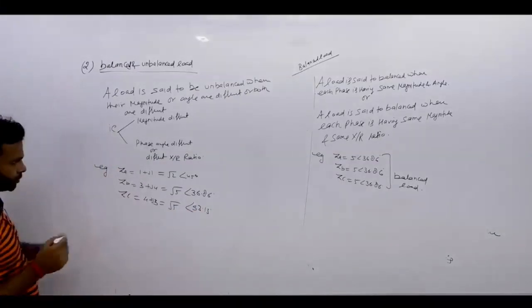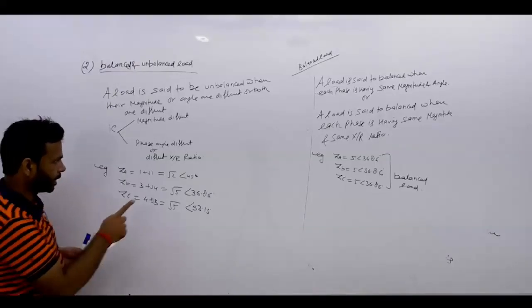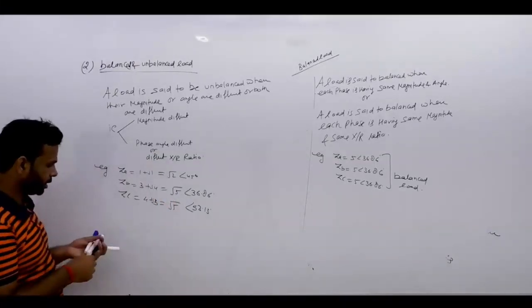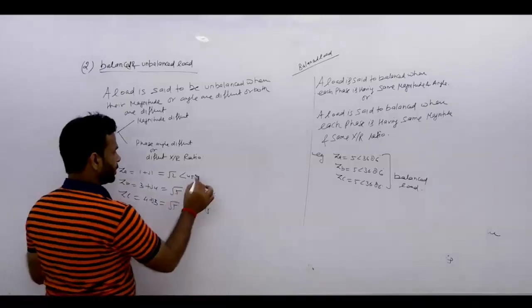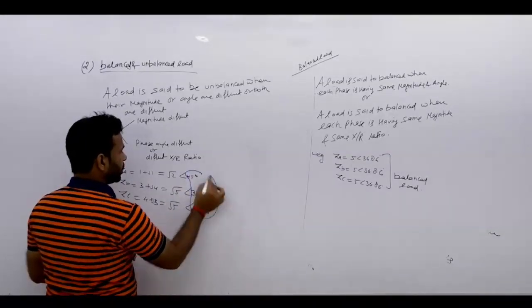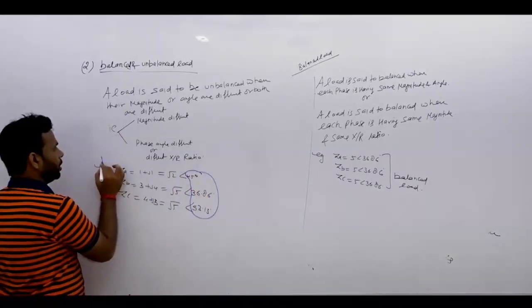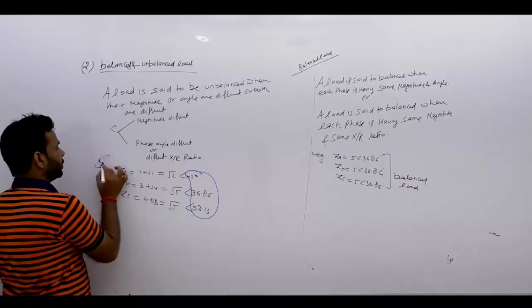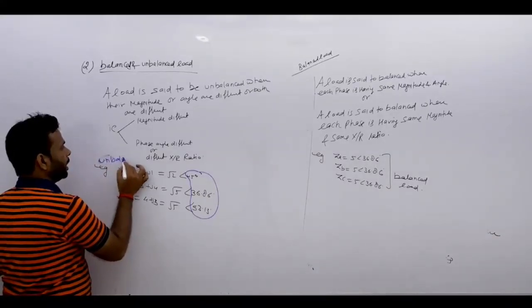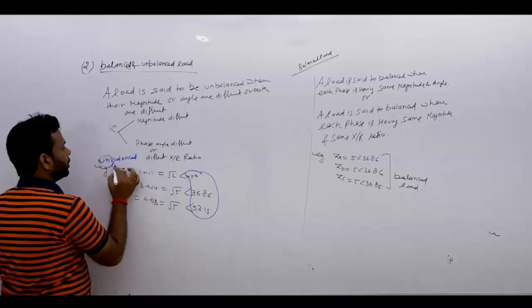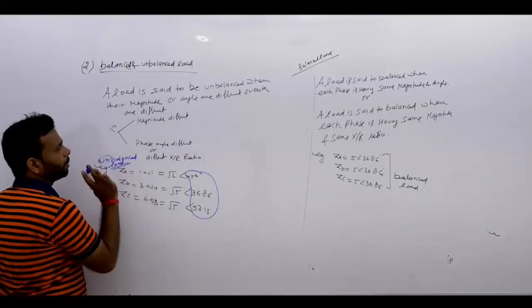So check: magnitude is different and angles are also different. So it is called unbalanced load. Hopefully this is understood.